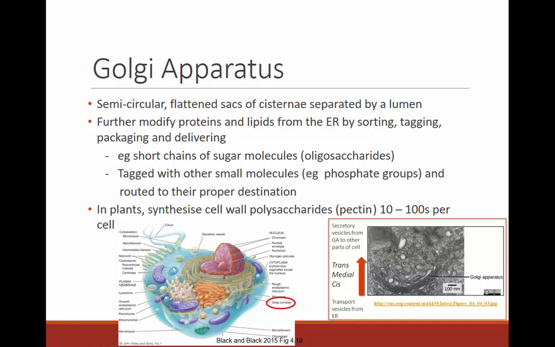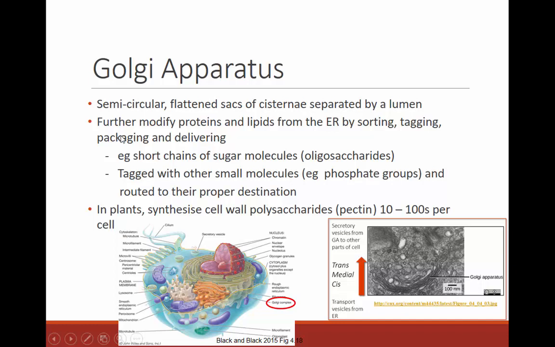Now we come to the Golgi apparatus, and it is just a series of flat sacs called cisternae, and they're separated by a lumen.